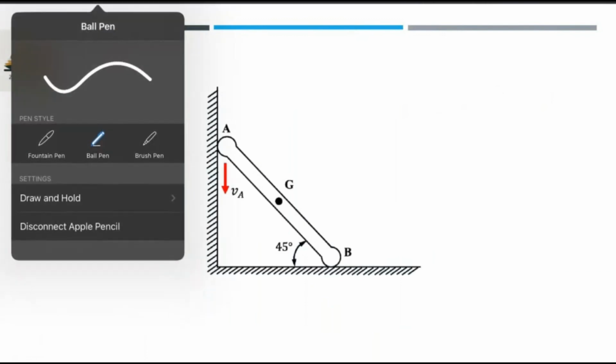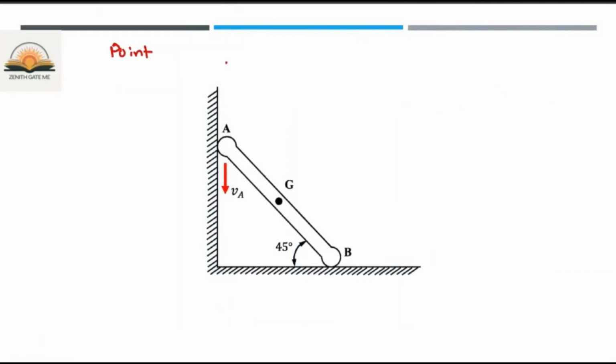I'm assuming the point I is the instantaneous center. How will you locate it? Just draw a perpendicular to the velocity direction. This point A is coming downward, so we can say that B will go in this direction. If you draw perpendiculars to these velocity vectors, you will get an intersection point, that is nothing but the instantaneous center. At this particular point, you can assume this body is completely in rotation only. So it is rotating about this instantaneous center.